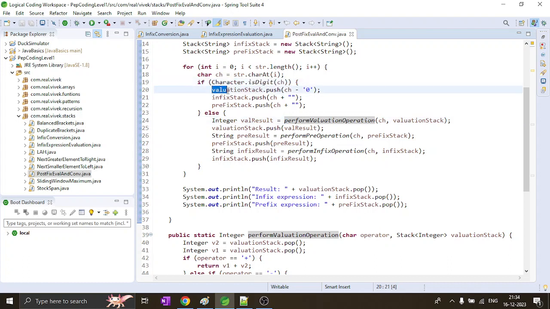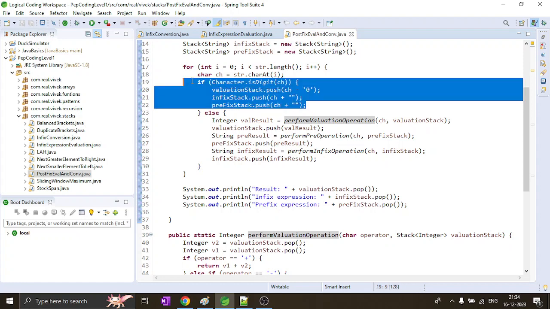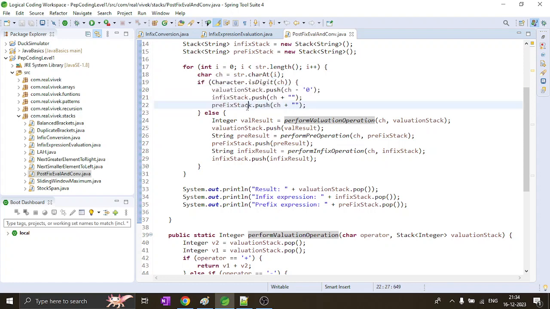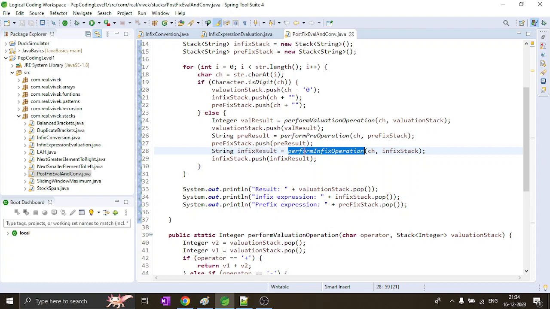If the character was a digit, we used to put that in three stacks, and whenever it was an operator, we used to perform operations. For the evaluation stack, we used to perform v1 operator v2, and we had integers here. For prefix, like we discussed, we used to perform operator v1 v2. For infix, we used to perform v1 operator v2.